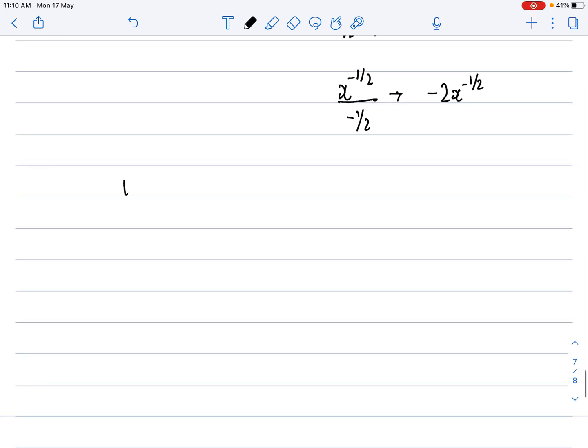Now, my formula is basically uv with the limits a and b, minus the integration with limits a and b of v u dash.